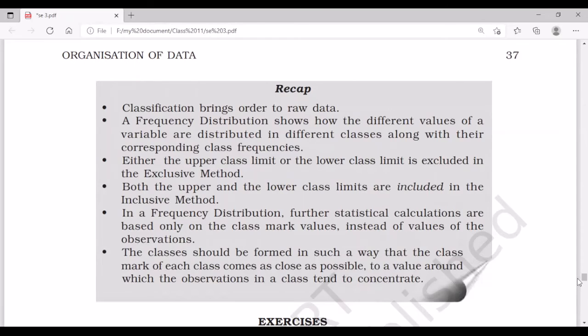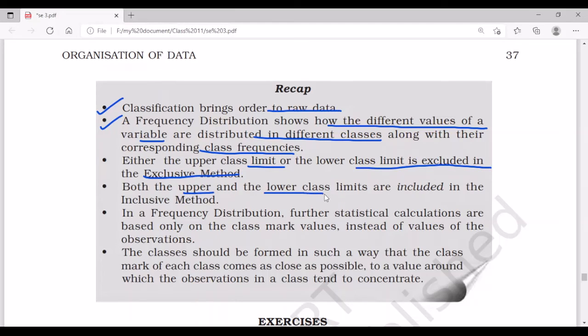So we need to read the recap also. First, classification brings order to raw data. Frequency distributions show how the different values of a variable are distributed in different classes along with their corresponding class frequencies. Either the upper class limit or the lower class limit is excluded in the exclusive method. Both the upper and the lower limits are included in the inclusive method.